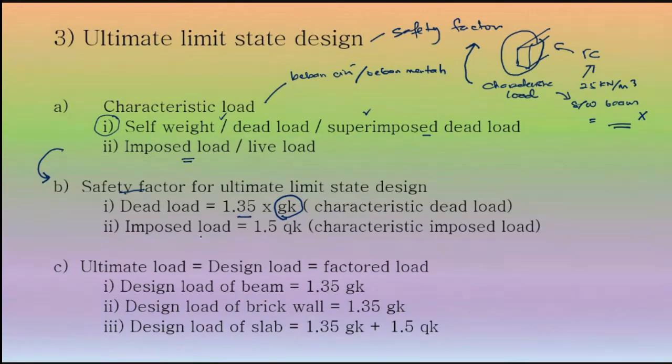Then for imposed load, the safety factor is 1.5 Qk, where Qk is characteristic imposed load. So the design safety factors are 1.35 Gk for dead load and 1.5 Qk for imposed load. Remember Gk is dead load, Qk is imposed load. So again, ultimate load, design load, factored load.